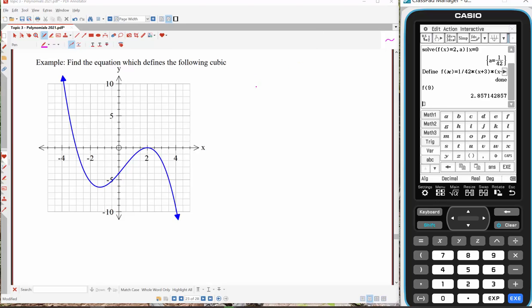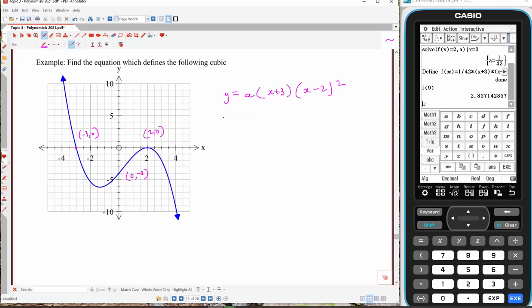So we'll do this one on the calculator as well. Y equals, so we'll assume that this is -3, 0. We'll assume that this is 0, -4, and we'll assume that this is 2, 0. So a times x plus 3, x take 2 squared.